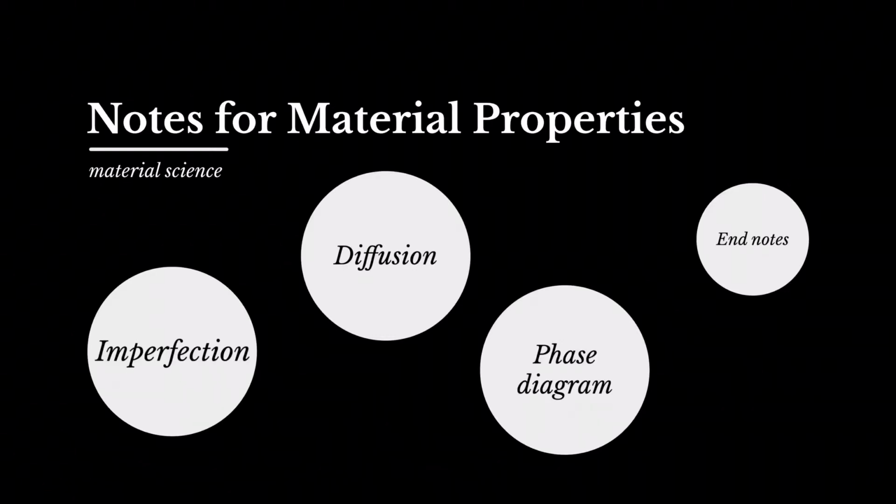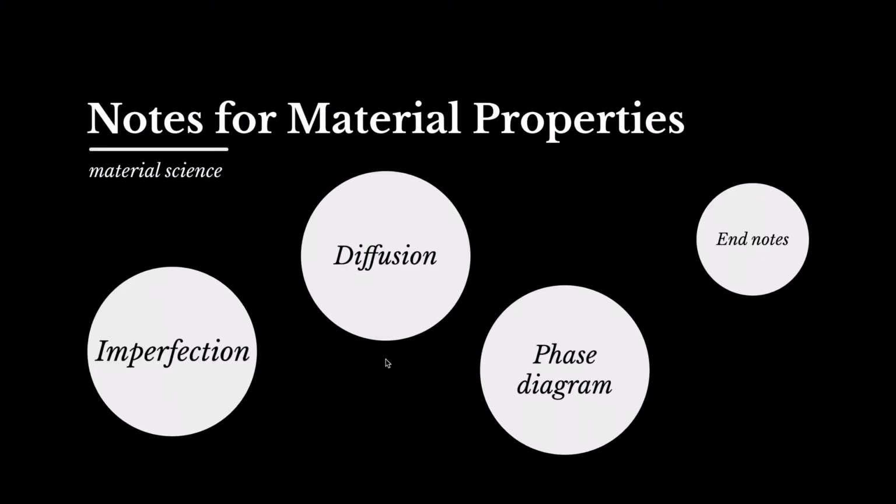So in materials, we imagine all solids or all materials, like metals, ceramics, or anything that you can imagine, are made of atoms. Okay, so you have the atom arrangements in every material, but that arrangement is actually not perfect.